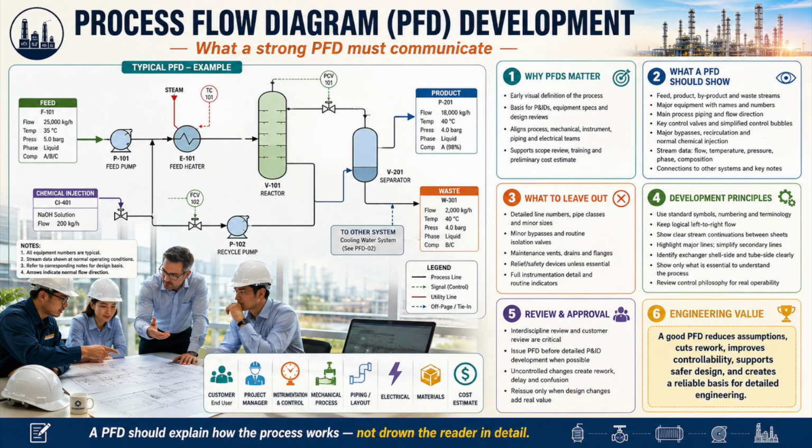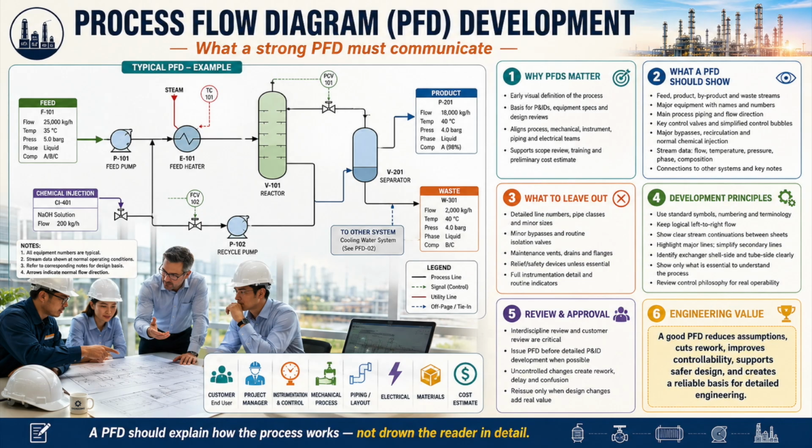Relief valves and other safety devices are normally developed at the P&ID stage unless their presence is essential to explaining the process concept. Pump minimum flow recirculation lines, nitrogen purges, steam out connections, and maintenance utilities are usually omitted unless they form part of the fundamental process arrangement. Pressure and temperature indicators are generally not required.